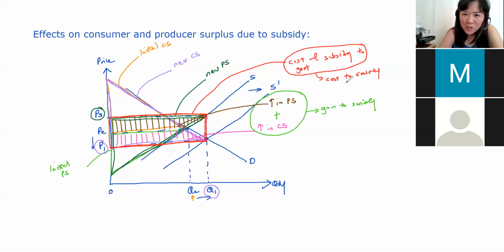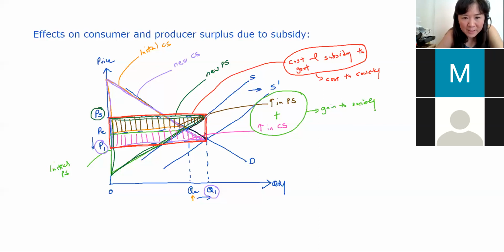So you can see that since the cost is actually greater than the gain, which is this weird looking area here, therefore, where's the deadweight loss? Can you see? It's very obvious, right? The part that is not shaded, right? Do you agree with me, girls? Okay, agree?